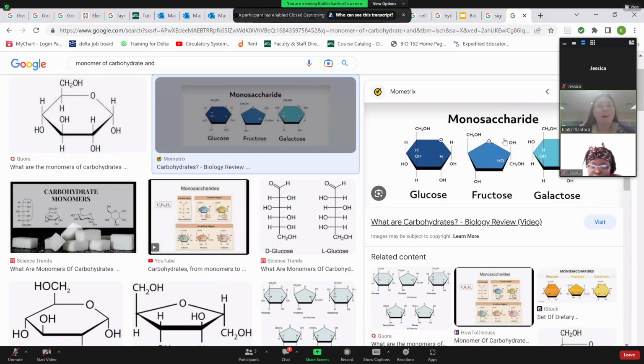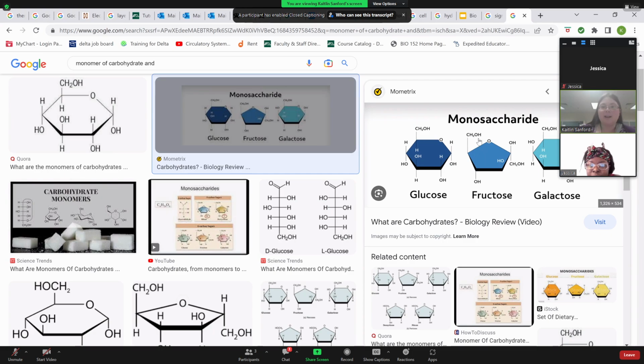But here's some monosaccharides. Can you see something similar between all of them? Something similar is they all have the CH2OH.